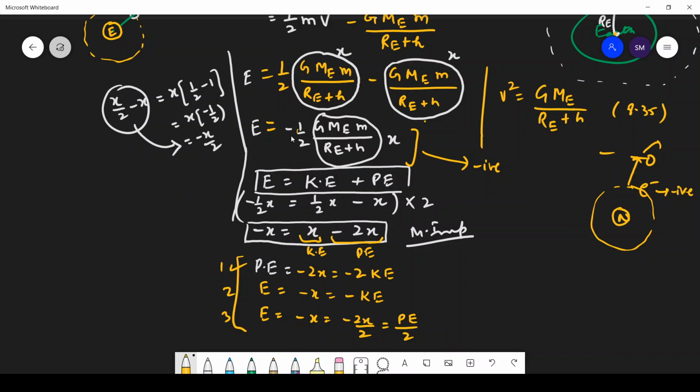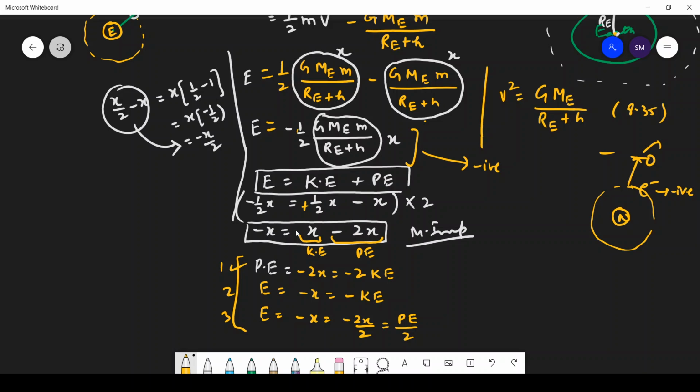Till the energy is negative here, it will keep on revolving around the Earth. But if you give more energy to this orbiting satellite by increasing its speed, because kinetic energy is positive, you are increasing the kinetic energy by increasing the velocity. So the time will come when it will be equal to this potential. So the negative cancels out, the total energy will be 0, and the satellite will escape from the gravitational pull of the Earth.